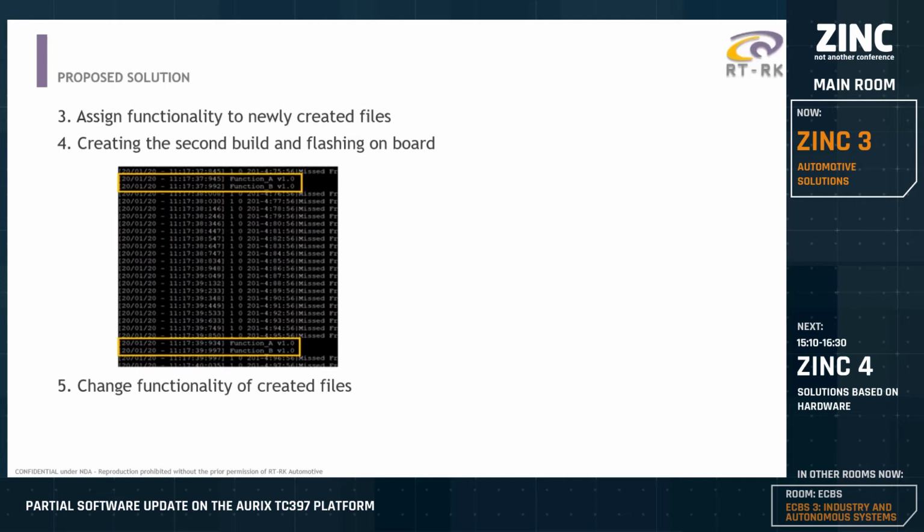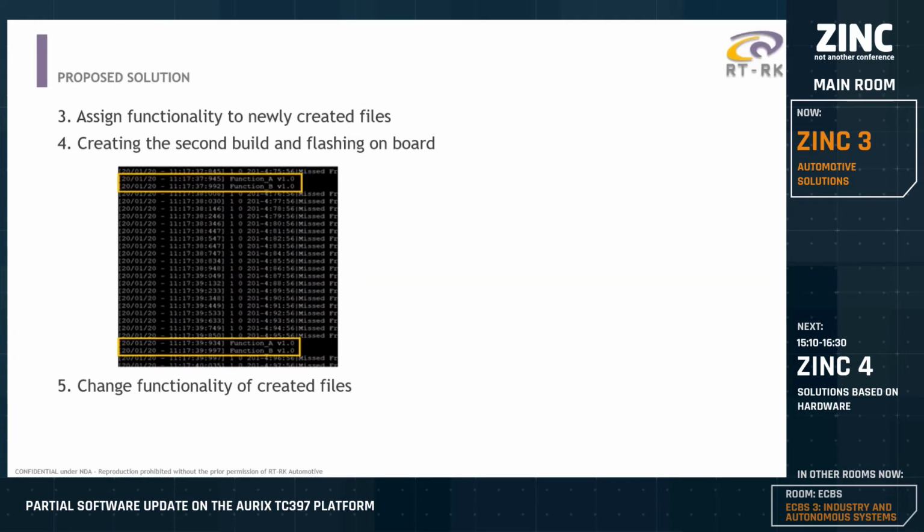Then function A is chosen to represent the control function and remains unchanged, while function B is the one over which changes and updates will be made. The modification of the function is manifested in a change of its version.